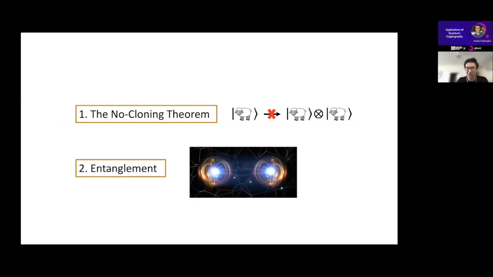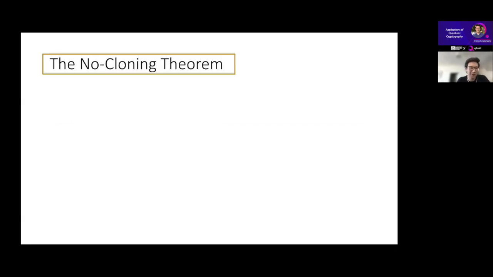So let me start from the no cloning theorem. What does the no cloning theorem say? This is something that can be derived straightforwardly from the laws of quantum mechanics. It's basically a consequence of the uncertainty principle. And it says that quantum information cannot be generically copied. What I mean by this is that, classically, given a string of bits, it is always possible to make two copies of it.